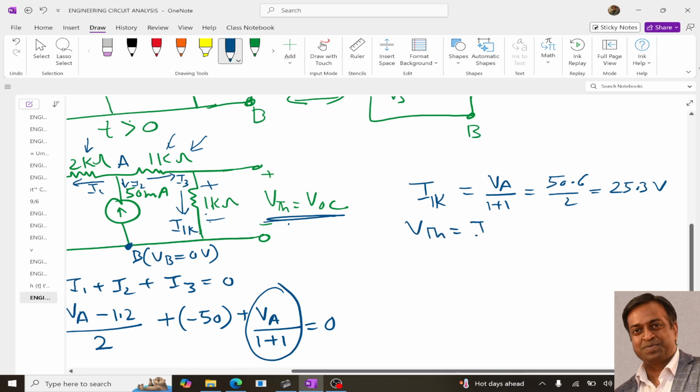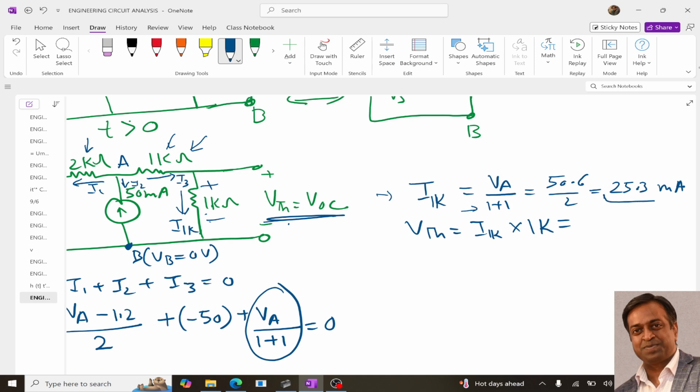And then what will be VTH? VTH is IK into 1K. This current will be in milliampere, right? Because it is IK and in the denominator we have kilo ohm. So the answer will be in milliampere. Now VTH will be IK into 1 kilo ohm.